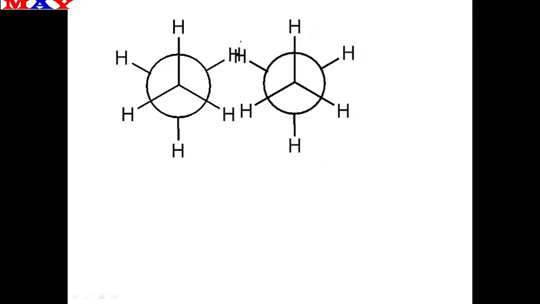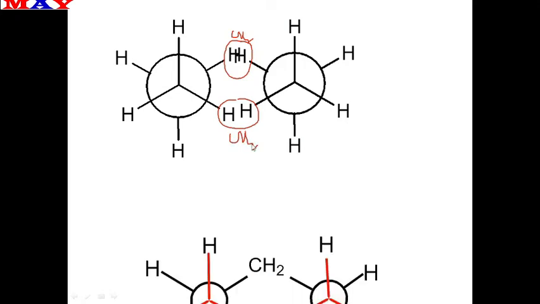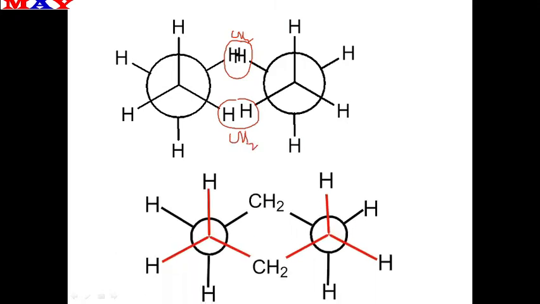When these two hydrogens are overlapping, this will give us a CH2, and these two hydrogens will also give us a CH2. This simply gives us our cyclohexane structure in the Newman projection formula.